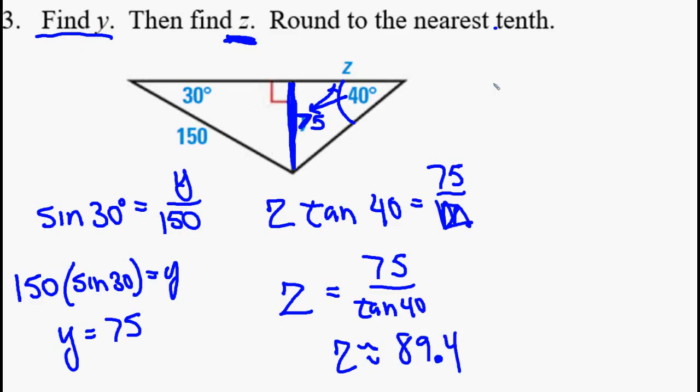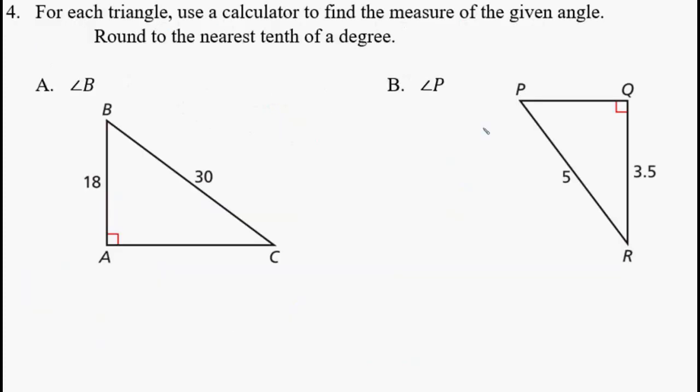Excellent. So that was number 3. What's number 4? Oh, we got two triangles. Use a calculator, find the measure of the angle, round to the nearest tenth. In this first one, it says find angle B. Here we are at angle B. The sides that we have are the adjacent side and the hypotenuse. Adjacent and hypotenuse means cos is going to be necessary.